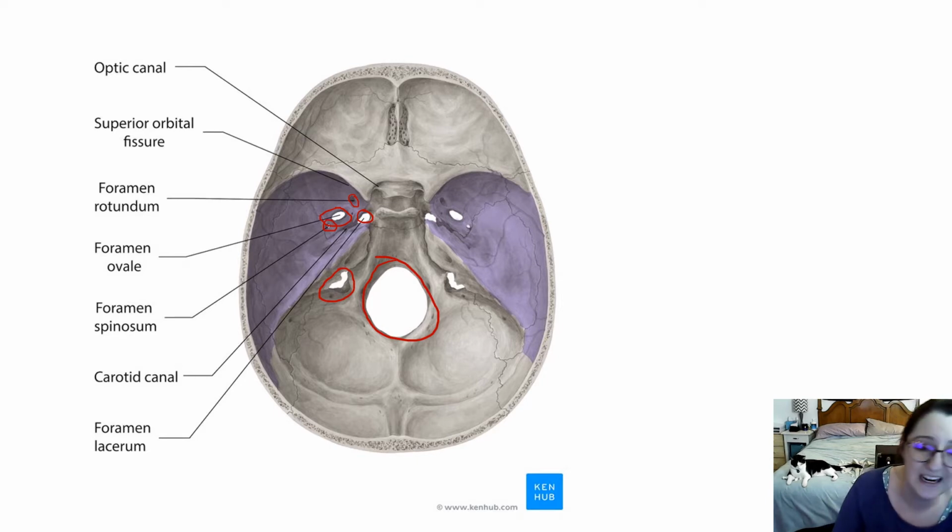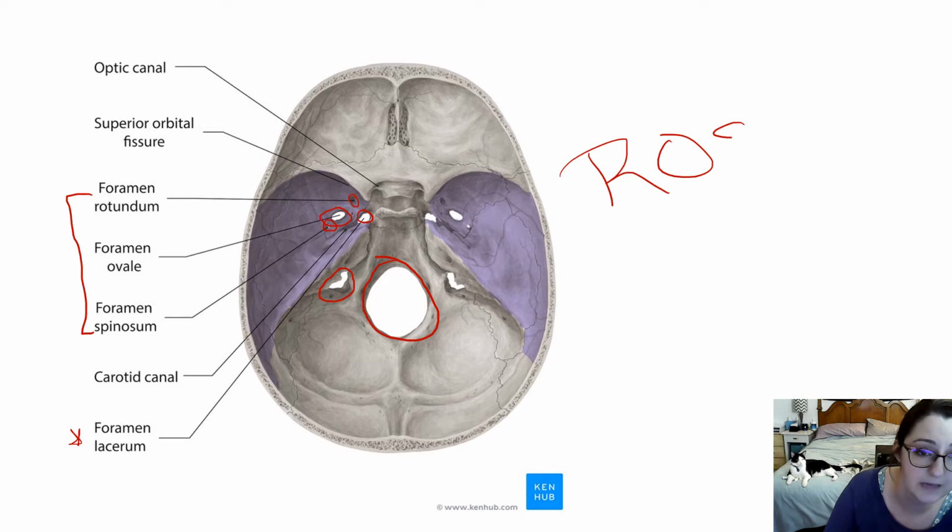Now, a way to kind of remember a few of these, at least these three, as well as this guy, is the order that they go in. So I like to think that we have a cowboy, and his name is Ross. Rotundum, ovale, spinosum, and that is the order that they go in.